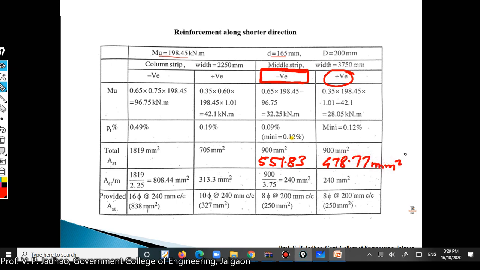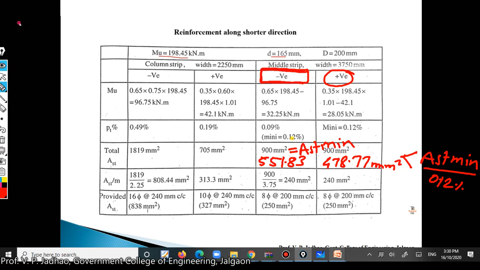But these values of AST are less than AST minimum, or 0.12% of the cross sectional area. Therefore we have used this AST minimum, that is 0.12%, which comes out to be 900 mm square.